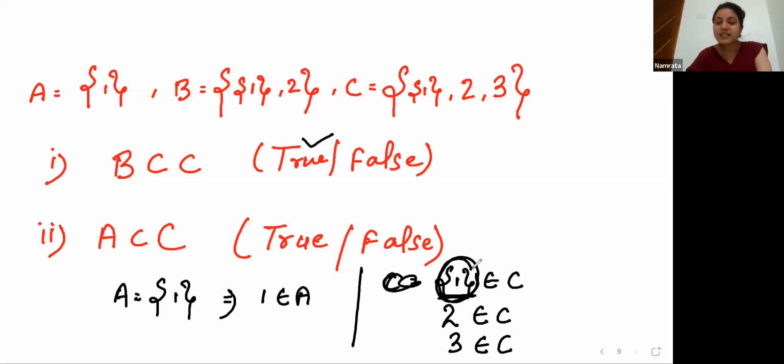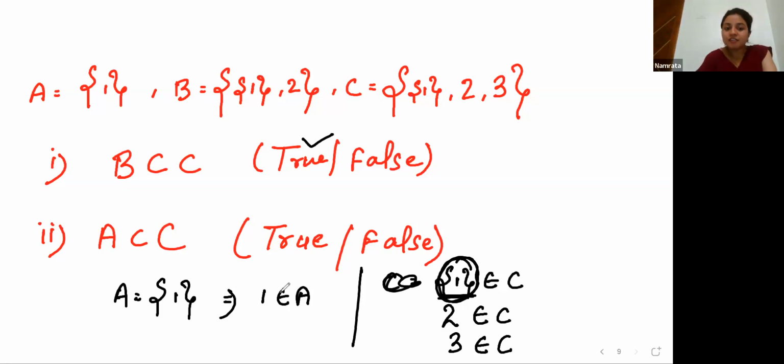Okay, this is complete. If exactly the same thing you are having in the first set, then and only then we can say the first set is a subset of C. Let me explain it again.